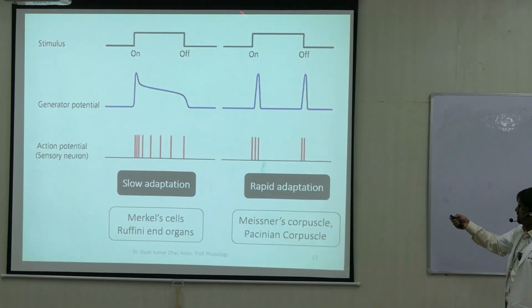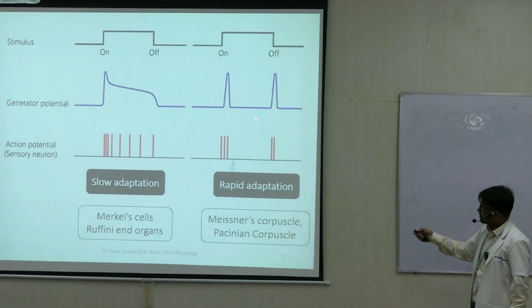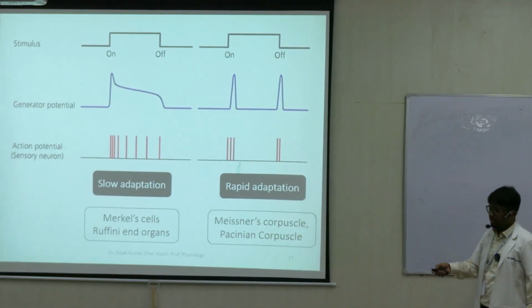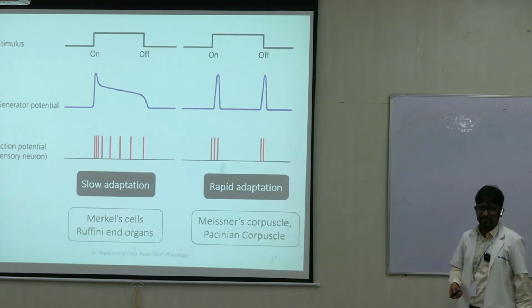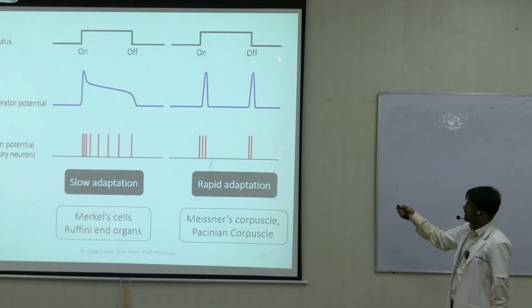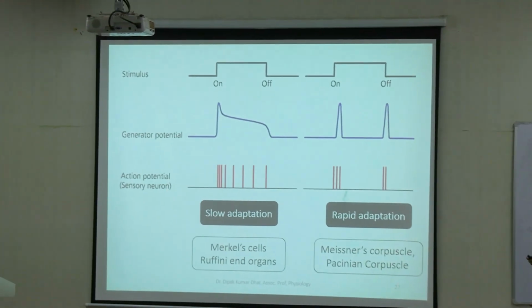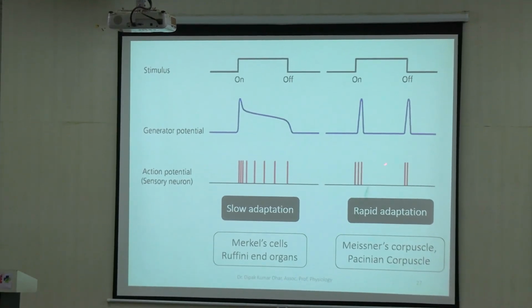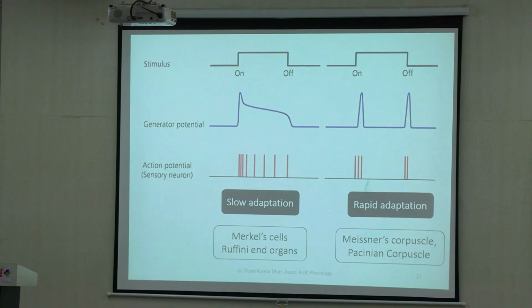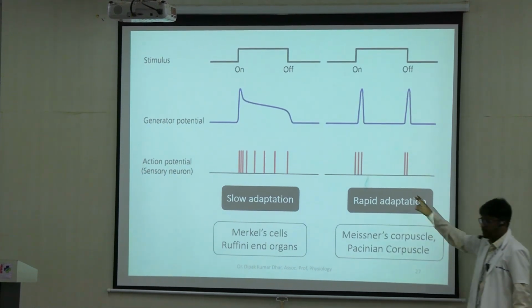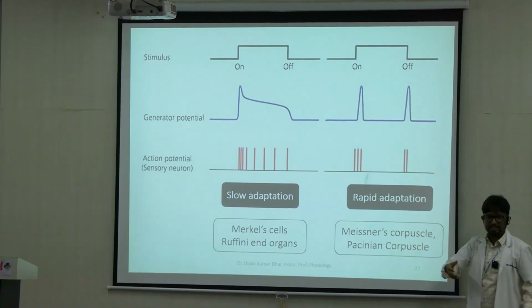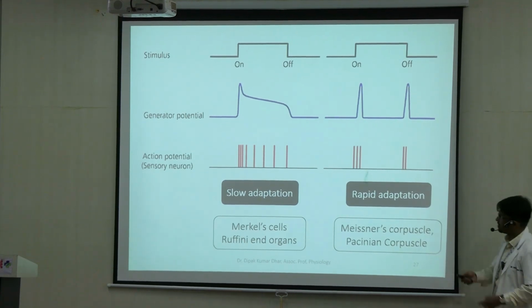Rapid adaptation means you see at onset there is a generator potential and there are some impulses here. After that even though the stimulus is maintained, there is no generator potential here and no activity here, fine? So this is what means the receptor has become used to or adapted to the stimulus.